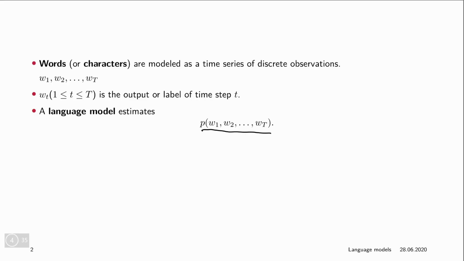And a language model is a model that models the joint distribution of the whole sentence, starting with the first word, the second word, and so on until the end of our sequence. If we have a good model for this distribution, then an ideal language model would allow us to generate text by drawing words.